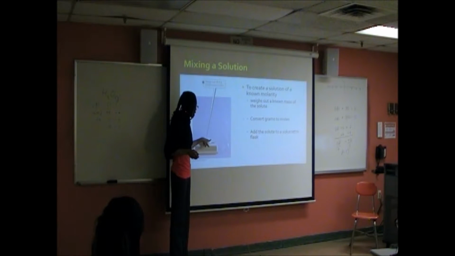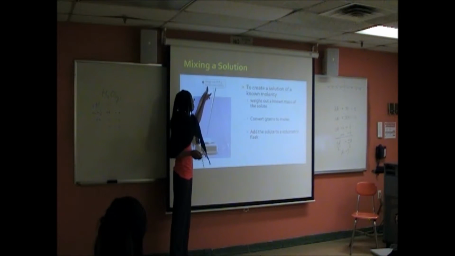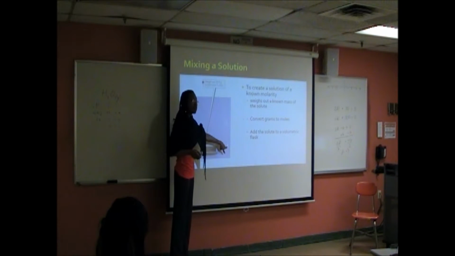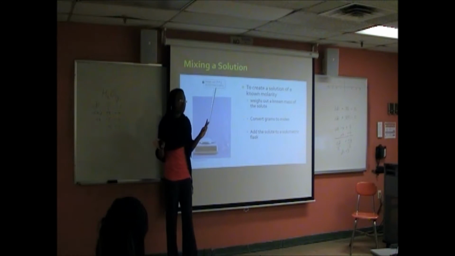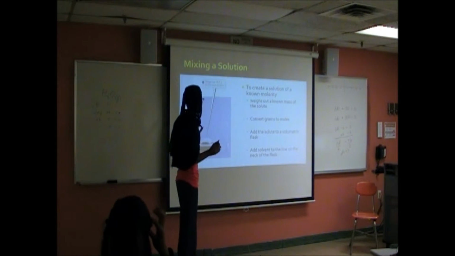So you place the mass you've weighed into your volumetric flask, and then you fill it up to your 500 milliliter marker. That's all you do to mix a solution. Did we get that? Okay.